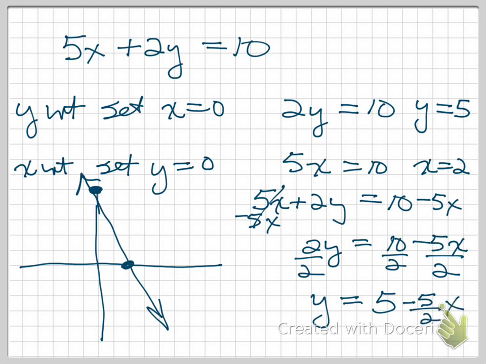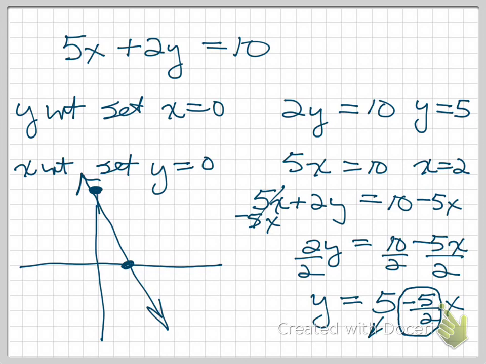Okay, so that means that this equation has a y-intercept of 5, which we already knew because that's how we graphed it, but we didn't know the slope. So the slope is negative 5 halves. Does this make sense?